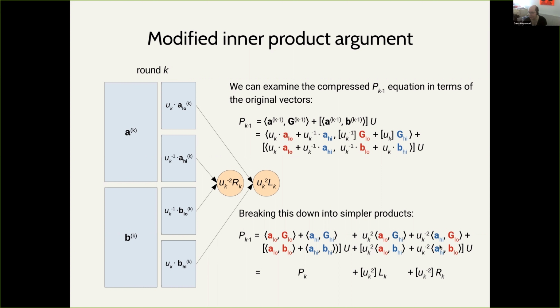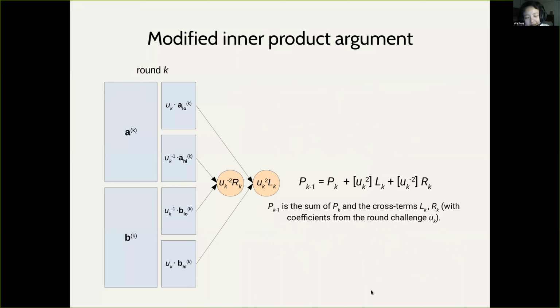And then these are scalars, but you're multiplying them by U, so that's a point. Okay, so we can go to the next slide. Cool, thanks for that correction.